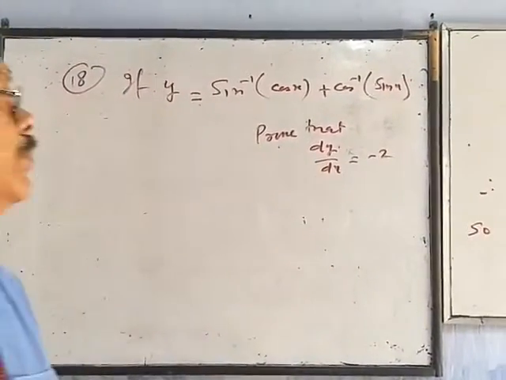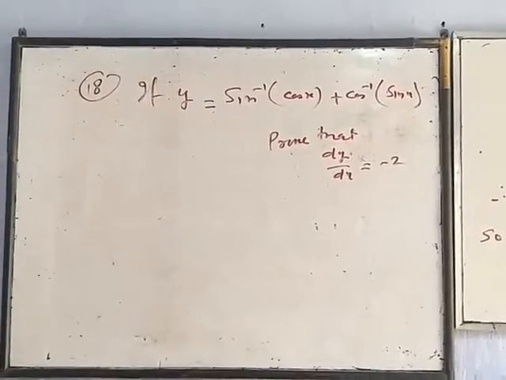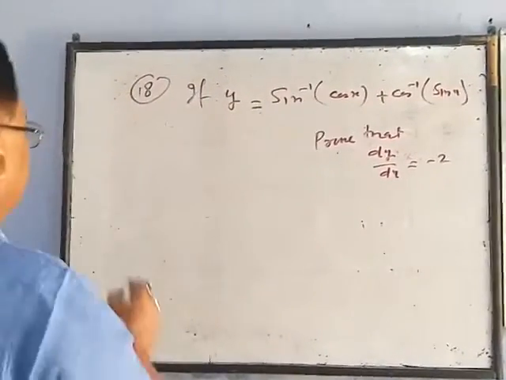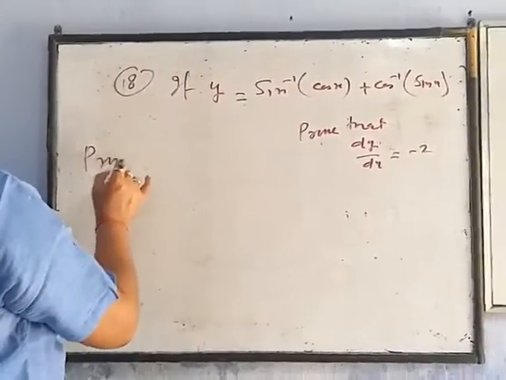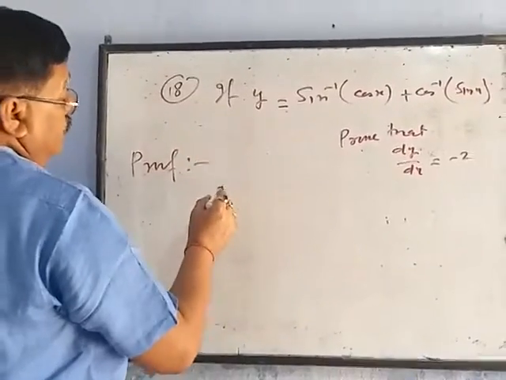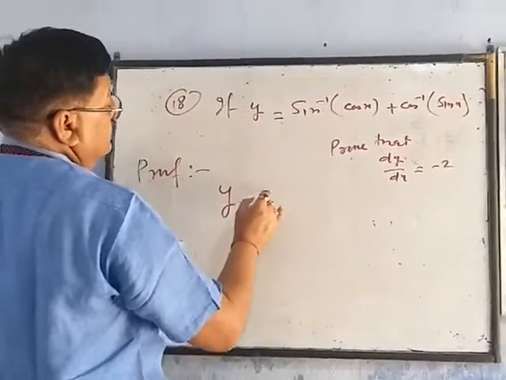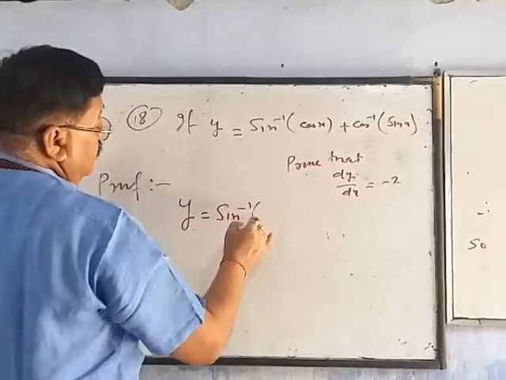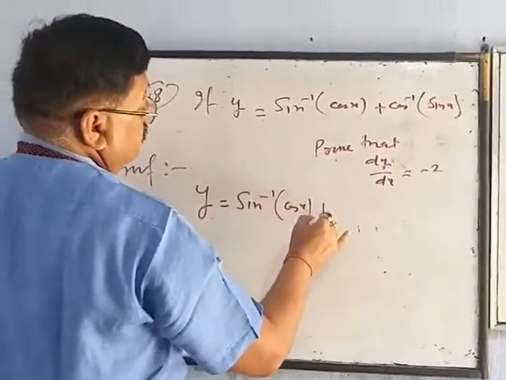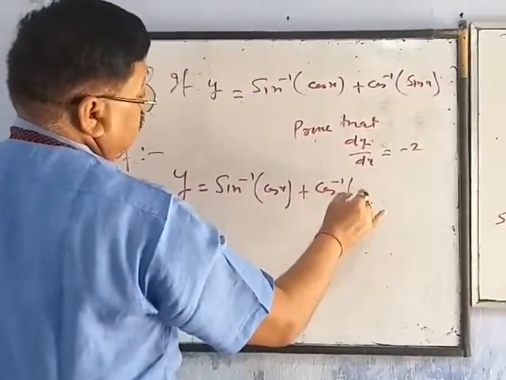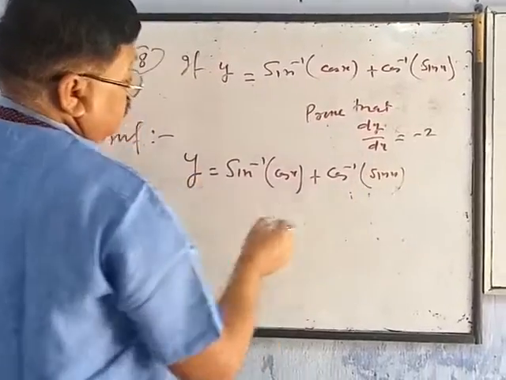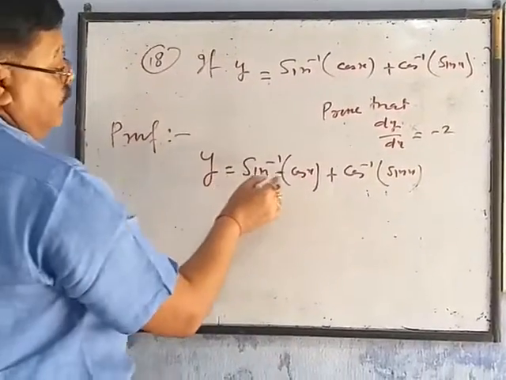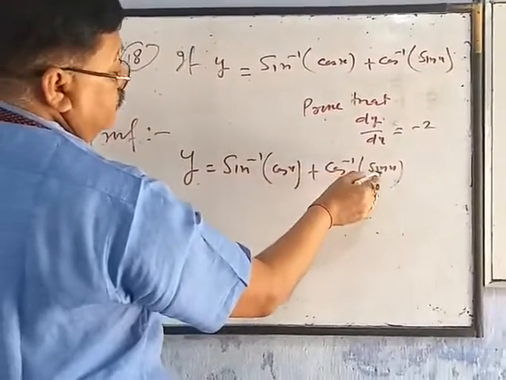You have to prove. So we will start from LHS. Student, proof. Write down the value y equals sin inverse cos x plus cos inverse sin x. Now we differentiate this. This depends upon cos, this depends upon sin.